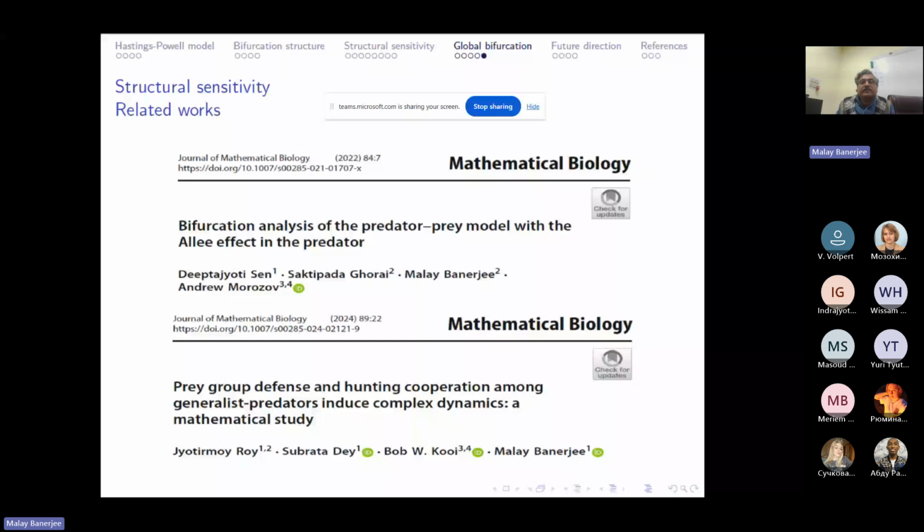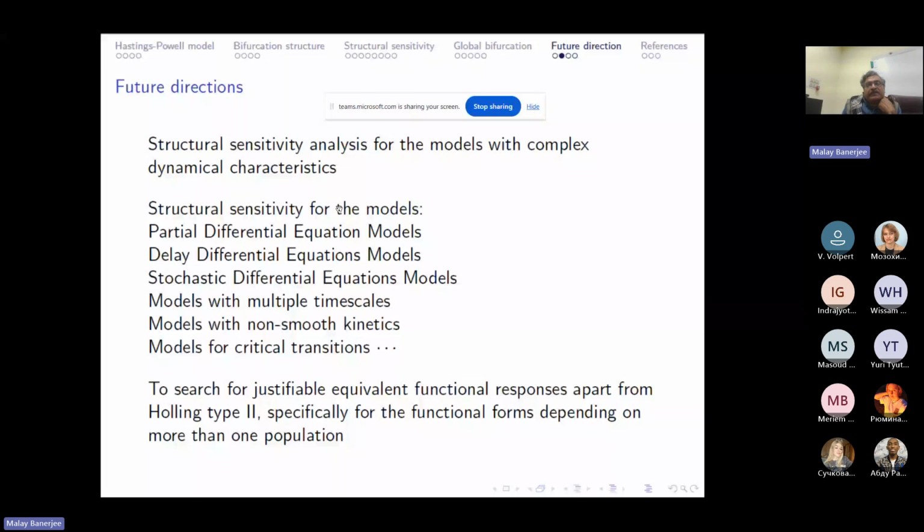Apart from that, there are several future directions that I am now going to explain. Of course, one can look at different types of models and perform similar kinds of analysis. That means structural sensitivity for models with partial differential equations, delay differential equations, stochastic differential equations, models with multiple time scales, models with non-smooth reaction kinetics, and models for critical transitions.